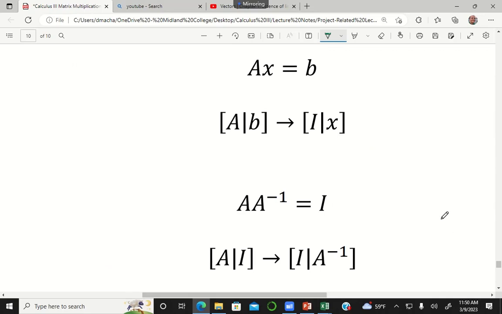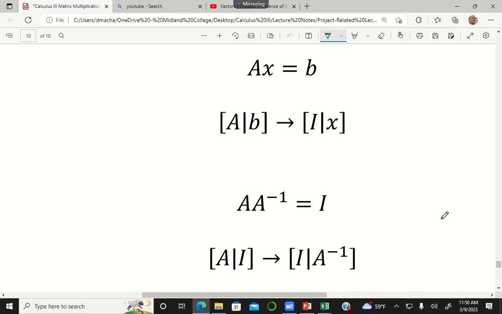So instead of writing A augmented with b, what I'm going to write here is A augmented with the identity matrix, right? Because b is over here on the right side of the equals, now the I is on this right side of the equals. So I can write A augmented with the identity matrix.